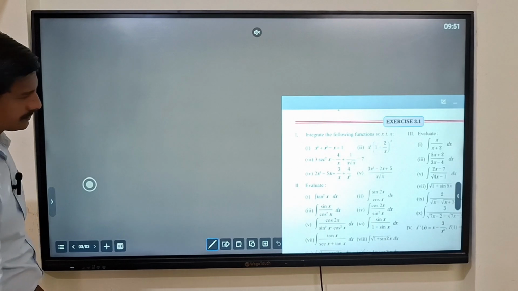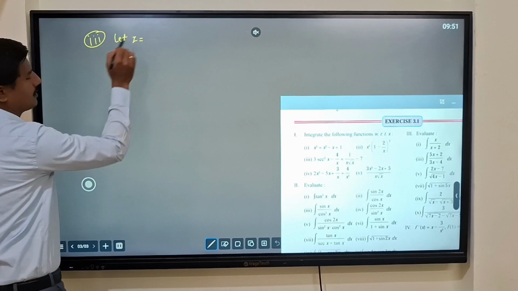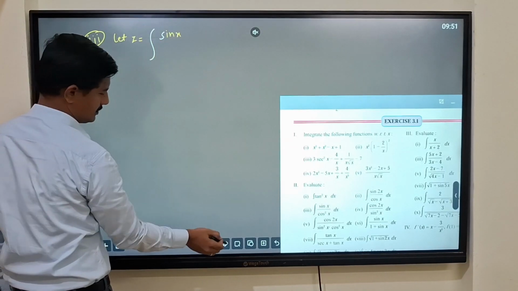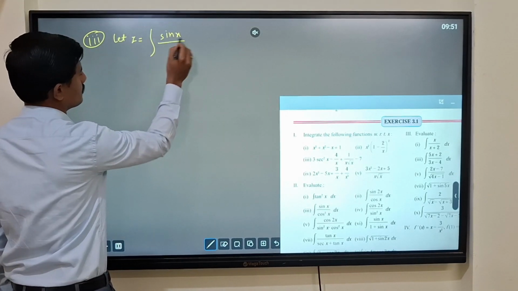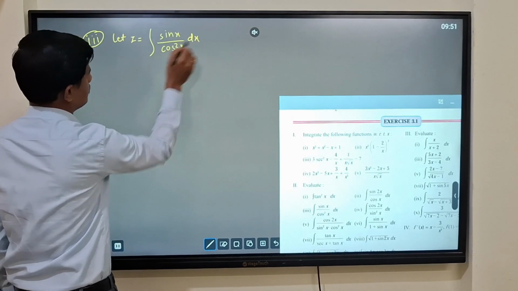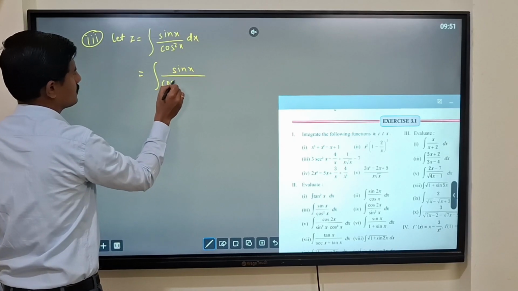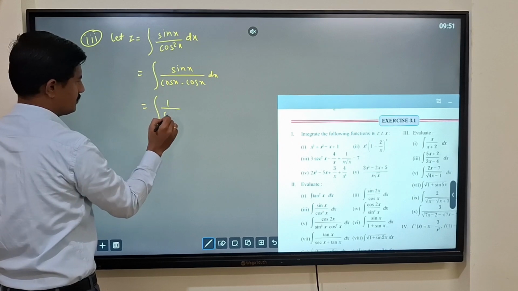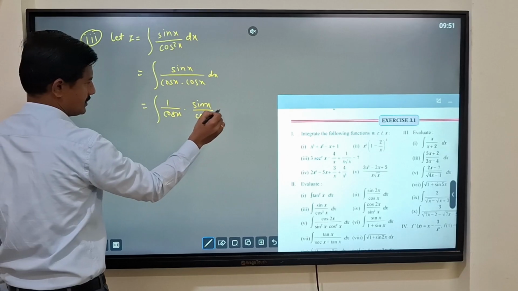Now next, third, let I equal to integration of sin x upon cos square x dx. Here I can write this like this: sin x upon cos x into cos x dx. So we can write 1 upon cos x into sin x upon cos x dx.